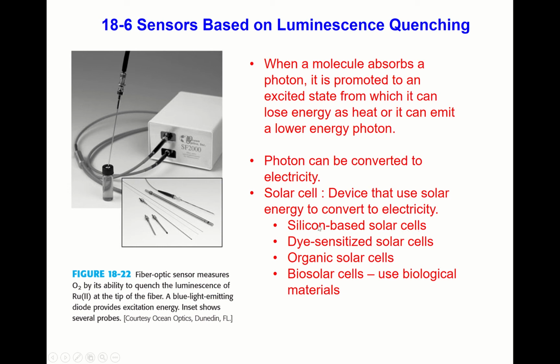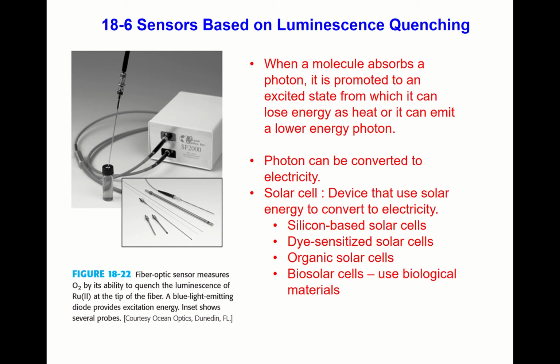But other than that, there are other types of solar cells. For example, the dye sensitized solar cell. People use a sensitizing molecule, which is called dye, and they develop the solar cells. The history is very long, several decades maybe.